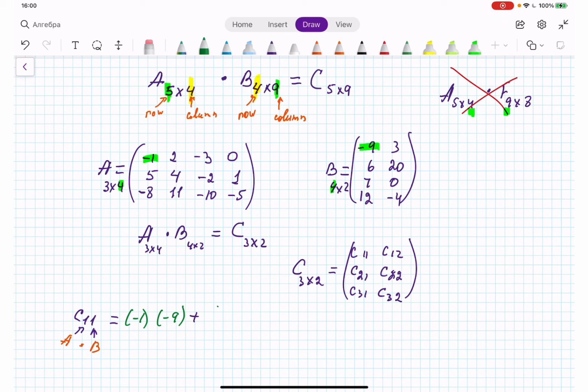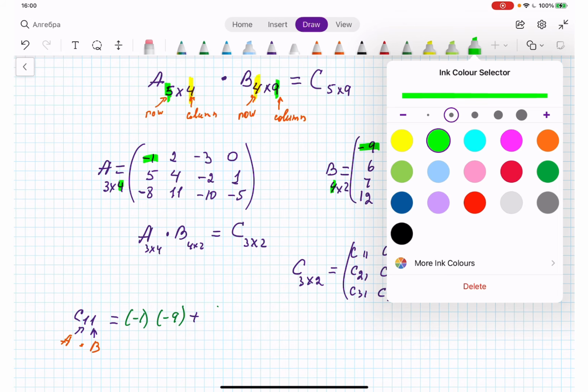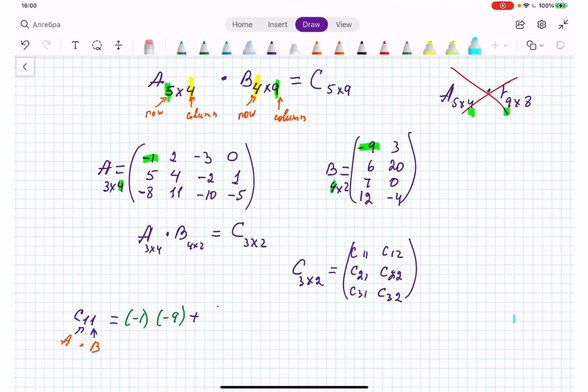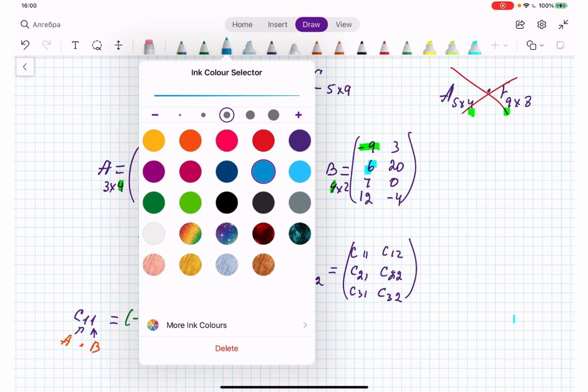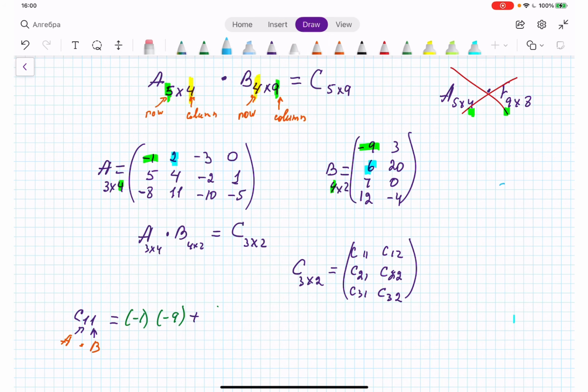Next, 2, the second element in the first row, multiplied by 6, so 2 times 6.